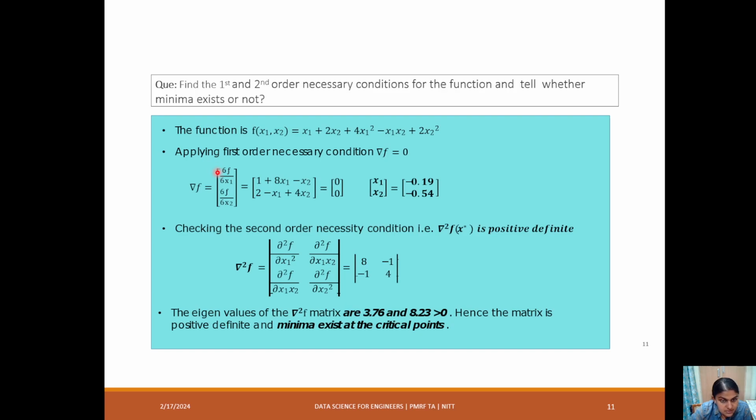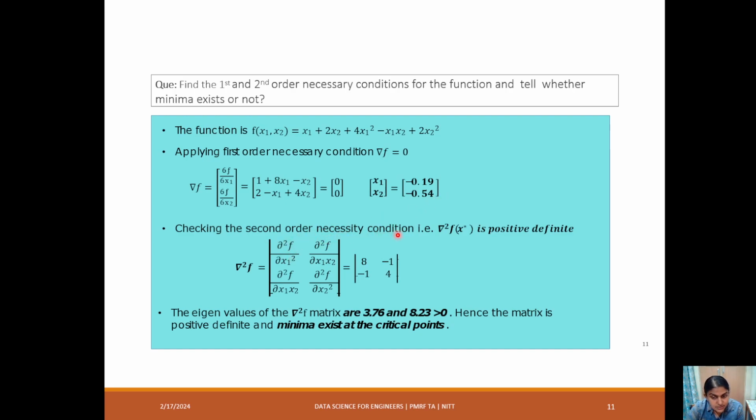That means dou f by dou x1, dou f by dou x2 equal to 1 plus 8x1 minus x2, and 2 minus x1 plus 4x2, equal to 0 and 0. Then you will get x1, x2 values as minus 0.19 and minus 0.53.